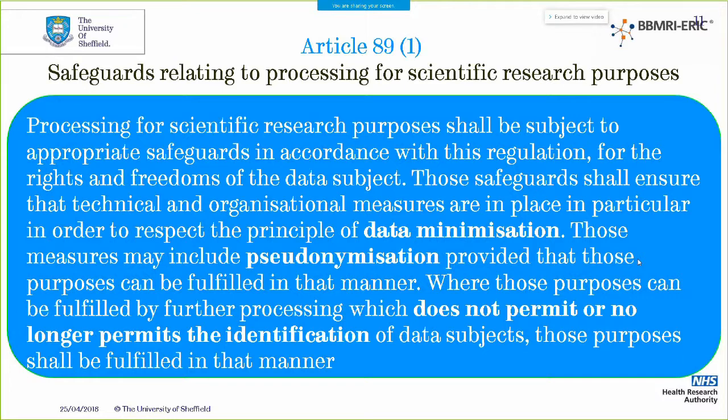What I've written here is an exact reproduction of Article 89.1, so sorry it's such a wordy slide. But what's particularly important here is that the organisation and the researchers have in place the technical and organisational measures to ensure respect for the principle of data minimisation. So this is generally about how systems are set up to manage the use of personal data in research.